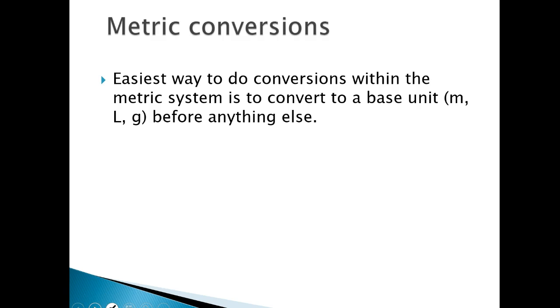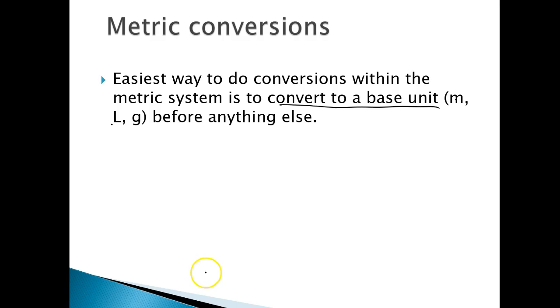So the easiest way, based on having taught this a very long time, to do conversion within the metric system is to always convert to a base unit, meters, liters, or grams, before you mess with anything else. Okay, it's kind of like you can't change years into seconds, but you can change it into something you can manage, days.